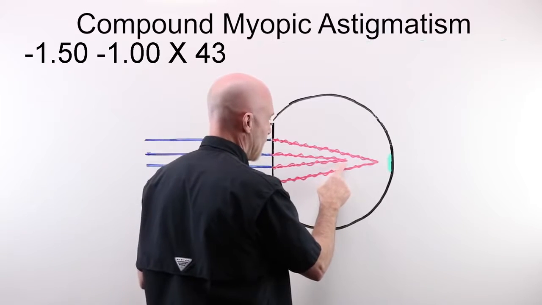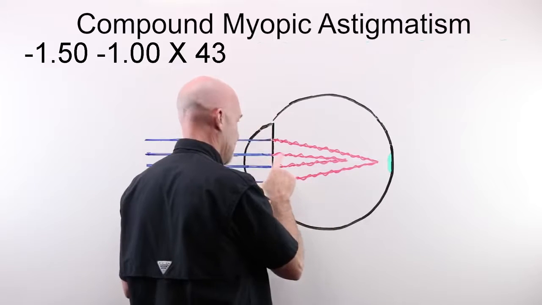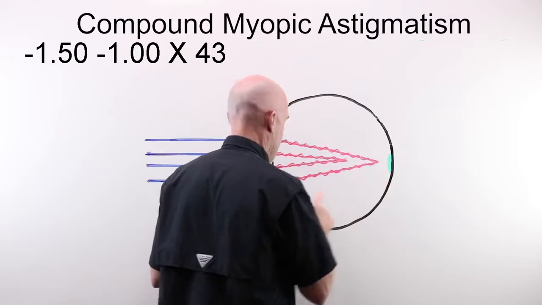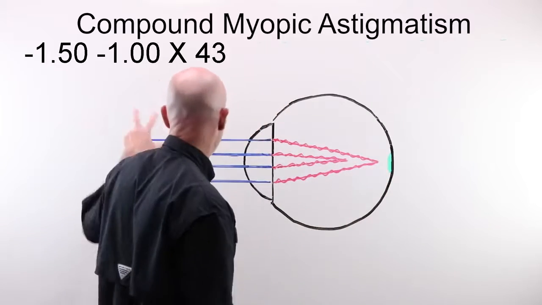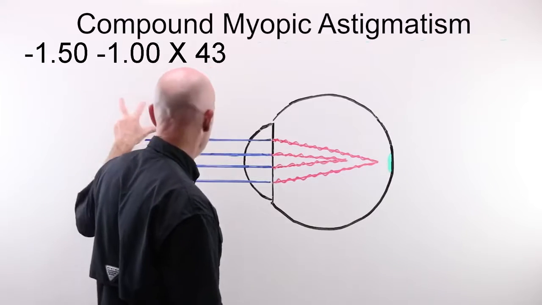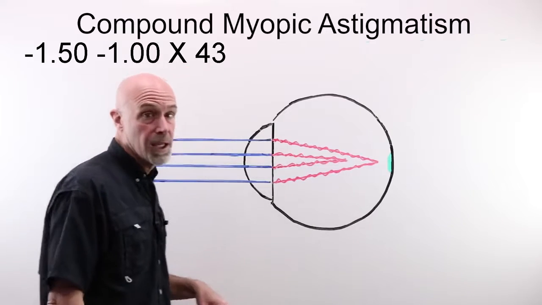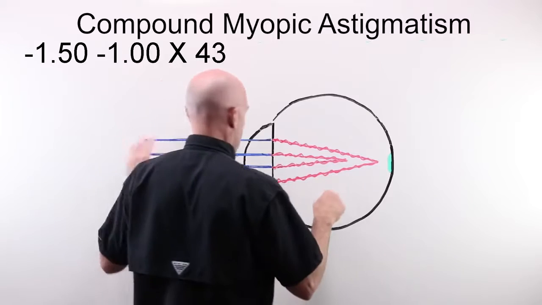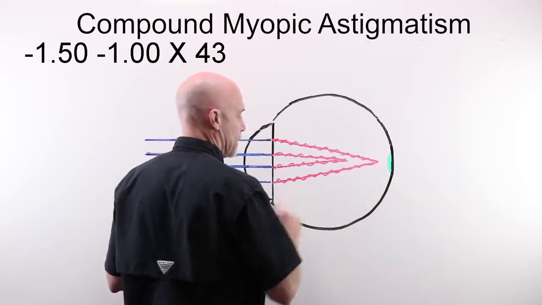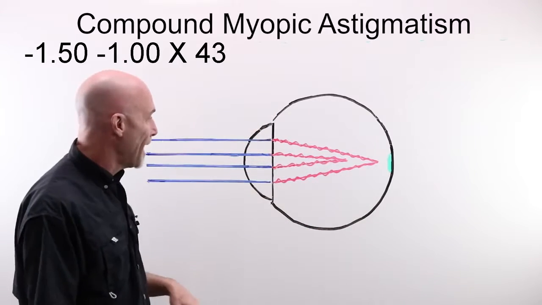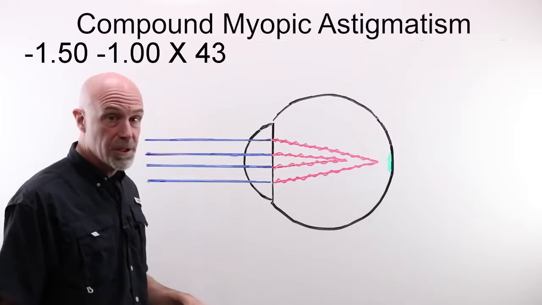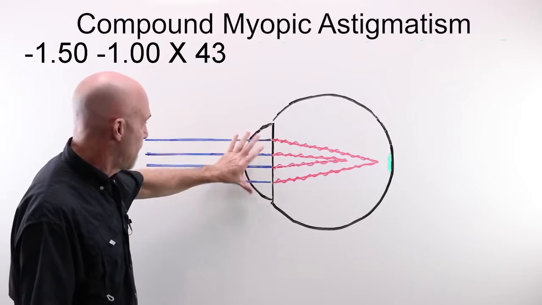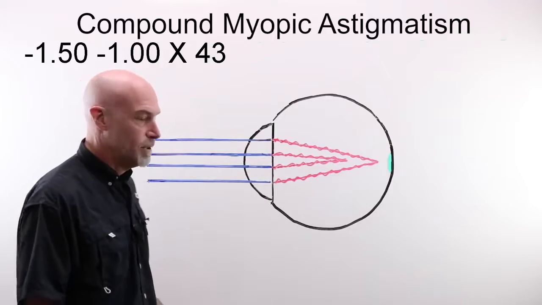These rays are going to need more power to go from here to here where we need them than this set of rays. That's why we have power in all meridians and why we have two different strengths in our lens order or our prescription values. So that is compound myopic astigmatism, and of course it's caused by that misshapen cornea.